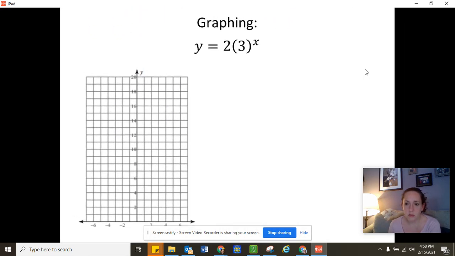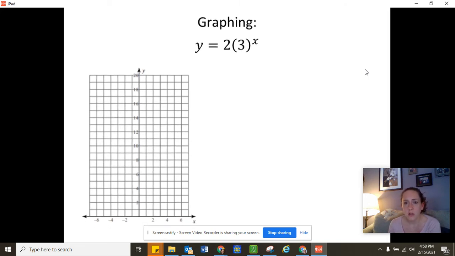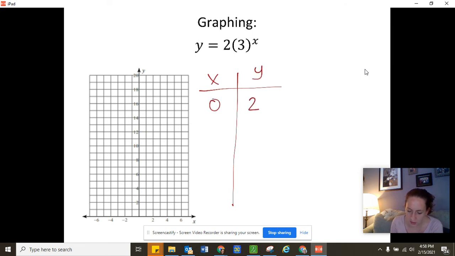When graphing, generally you're just going to want to make a table. It's not too hard. So I'm going to start with X, Y. I'm going to start at 0. My y-intercept is going to be 2, and then I'm going to go up and multiply by my multiplier, I guess, if that makes sense.